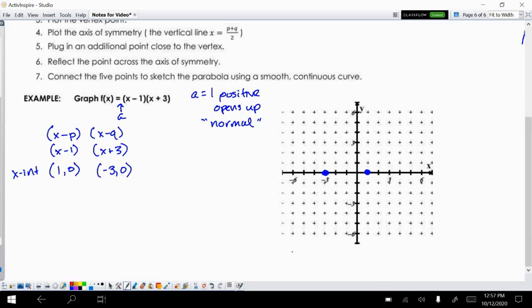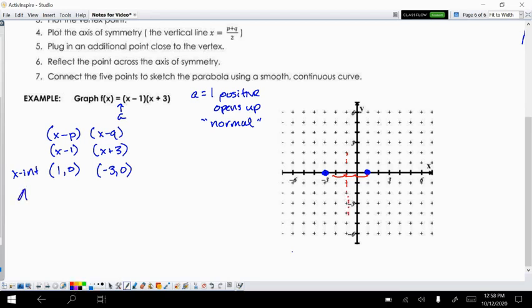And exactly halfway between those, we should find our axis of symmetry. So there are a couple ways you could do this. If you're more visual, we could plot these points, look at the graph, and then say, well, these are 1, 2, 3, 4 steps apart. So right here at negative 1 should be the axis of symmetry. That's exactly halfway between.